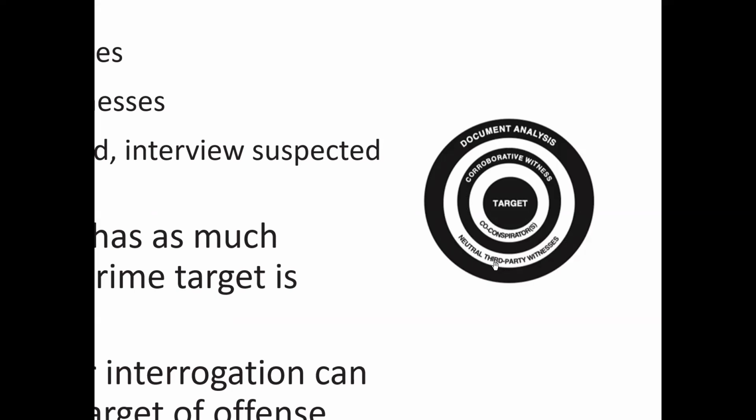And then we look at neutral third parties, people who might have some knowledge about the suspect or fraud, but they're not really involved in the offense. Then we go to corroborative witnesses, co-conspirators, and then finally the target.